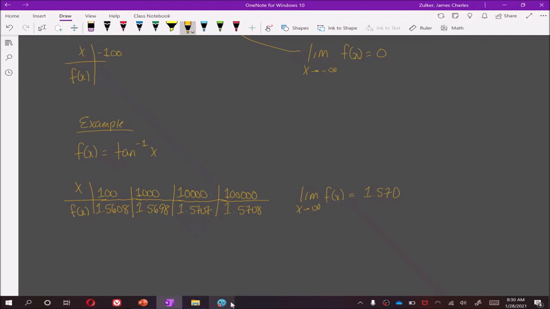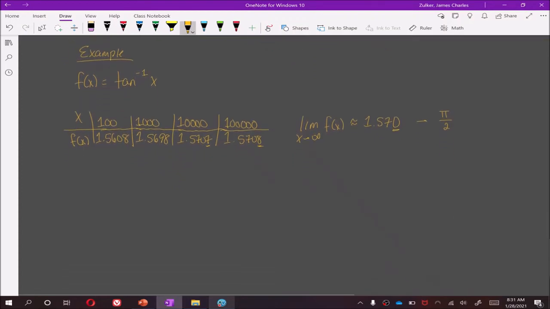Notice that the change from 10,000 to 100,000 was only in that last decimal place. So we know that up to that decimal place, that's what the limit will be. Now, in fact, this is an approximation. This is actually pi over 2. If we look at the graph of inverse tangent, let x go out to infinity, we'll see that it is approaching pi over 2.